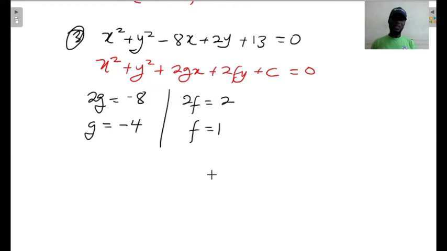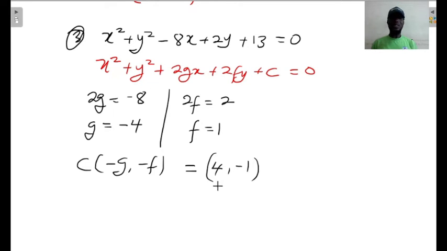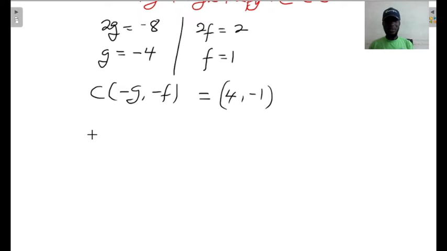And we know that the center of the circle is (negative g, negative f), right? So that means the center of our circle is: negative g will be 4, and then negative f will be negative 1. That is the center of our circle. Now that we have the center, we are going to find the radius.